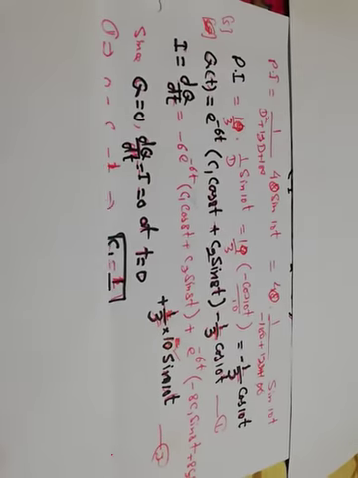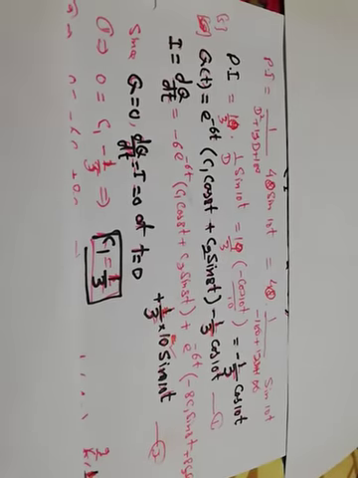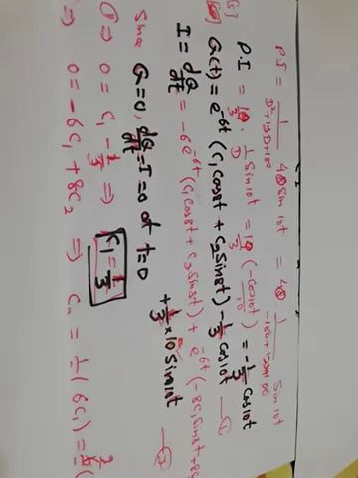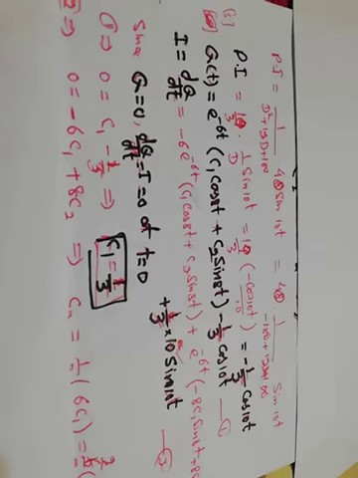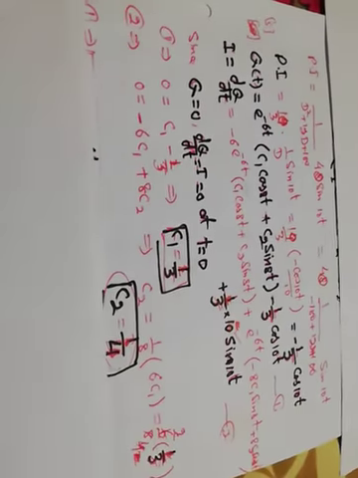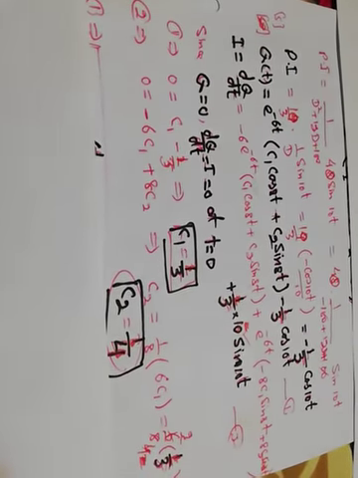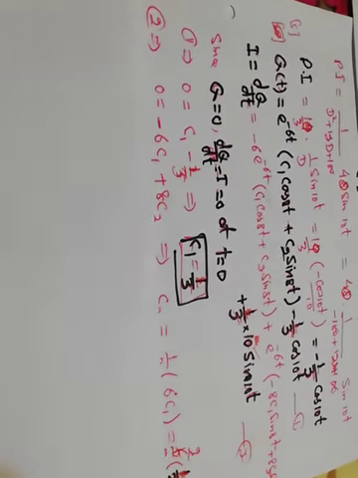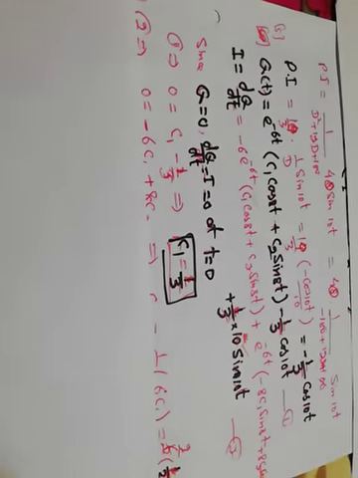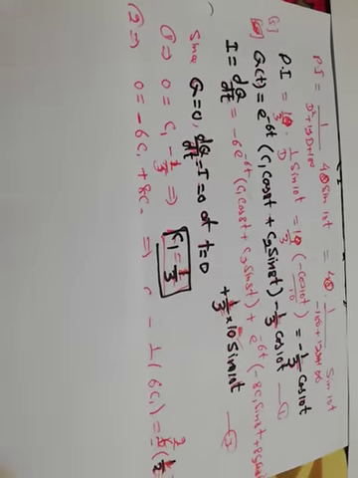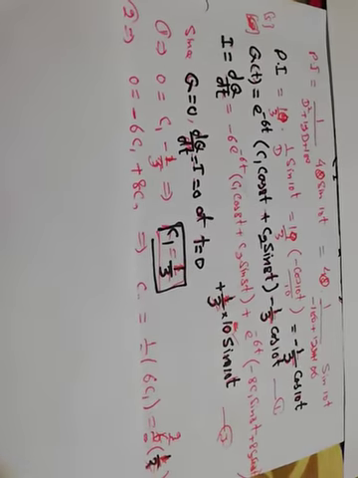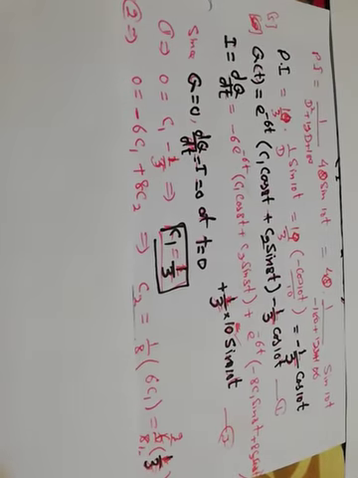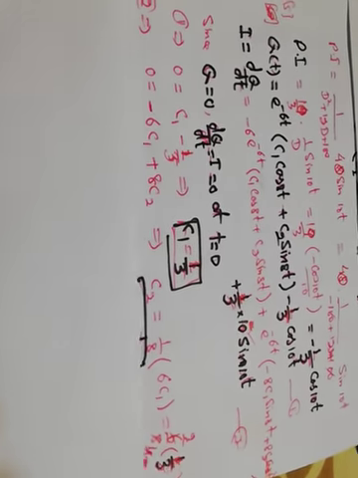By this way we can find the arbitrary constant c1 is equal to 1/3, and similarly c2 is equal to 1/4, using the conditions q equal to 0 and I equal to 0 at t equal to 0, which can be obtained easily from equations 1 and 2.